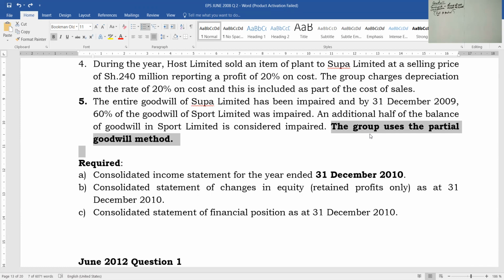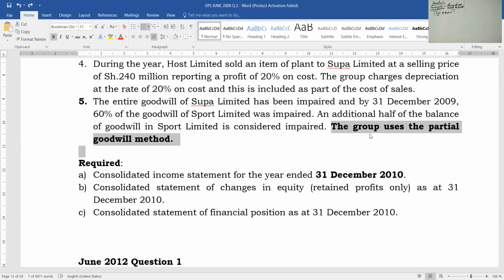If it was, for example, 10% for super, and the market price was 20 shillings, you multiply the ordinary shares by the 20 shillings times the 10%.